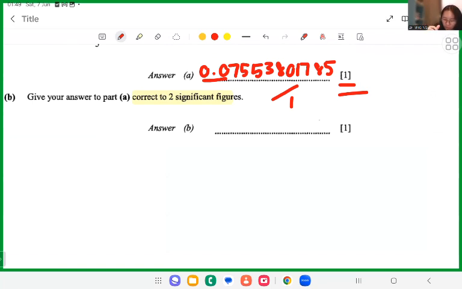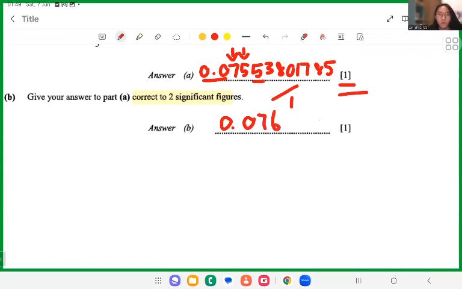And then we see that the first 2 significant figures are 7 and 5. Then we look at the next digit. The next digit is 5. This means that we need to round up 0.075 to 0.076. The answer is 0.076.